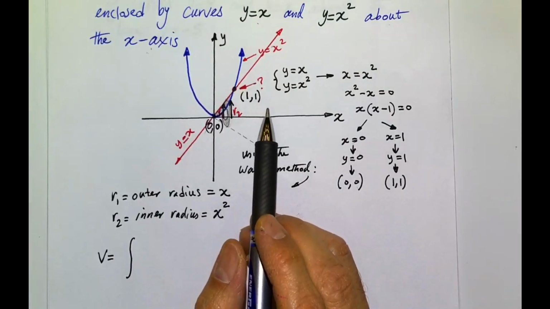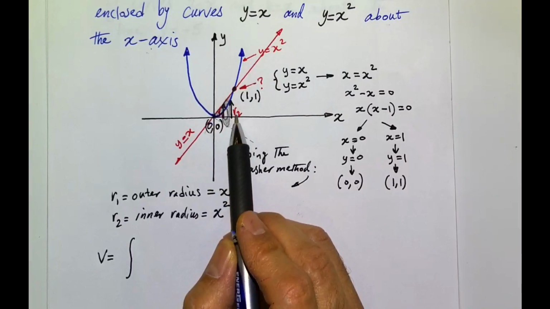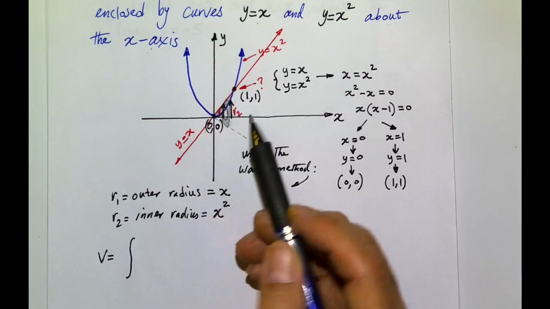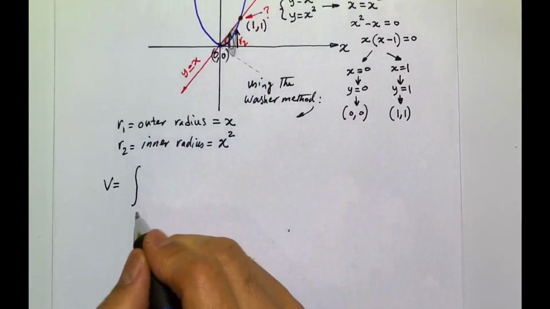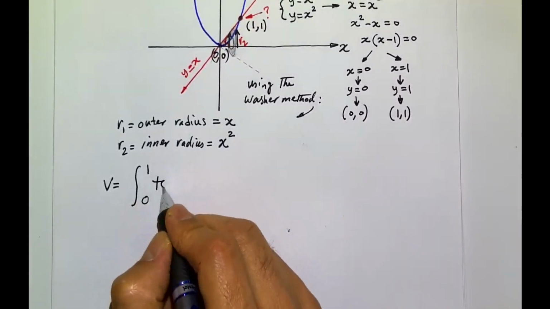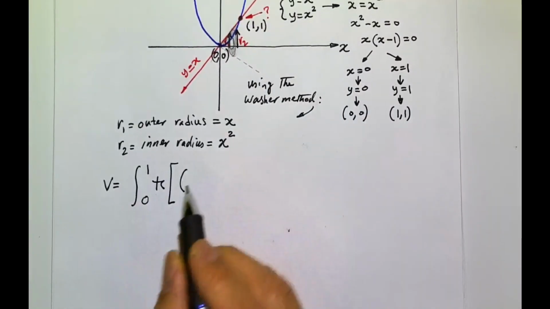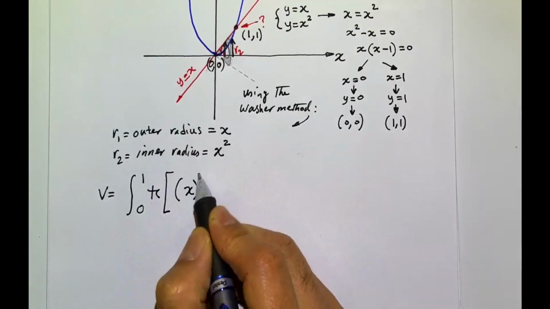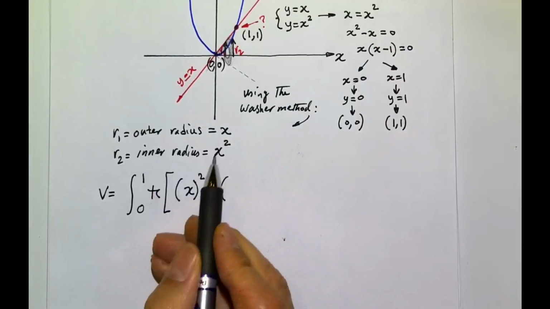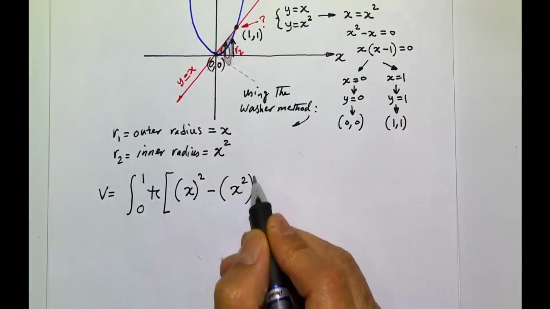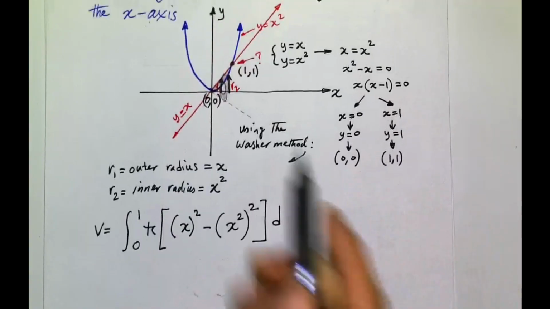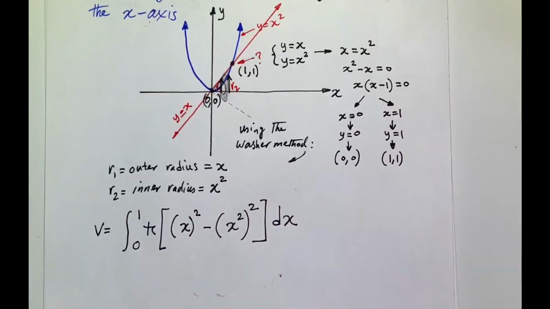We're integrating from 0 to 1, right? We found out that the x value component for that point of intersection is 1, and that's the region we're integrating. So from 0 to 1, pi, and then the outer radius would be x squared minus the inner radius squared. So the inner radius is x squared squared, close bracket, and then we're integrating along the x-axis, so dx.